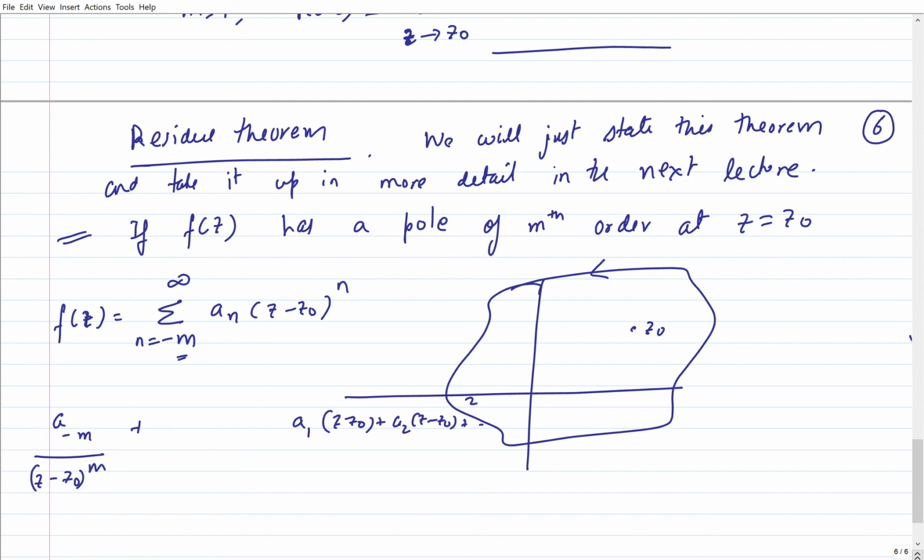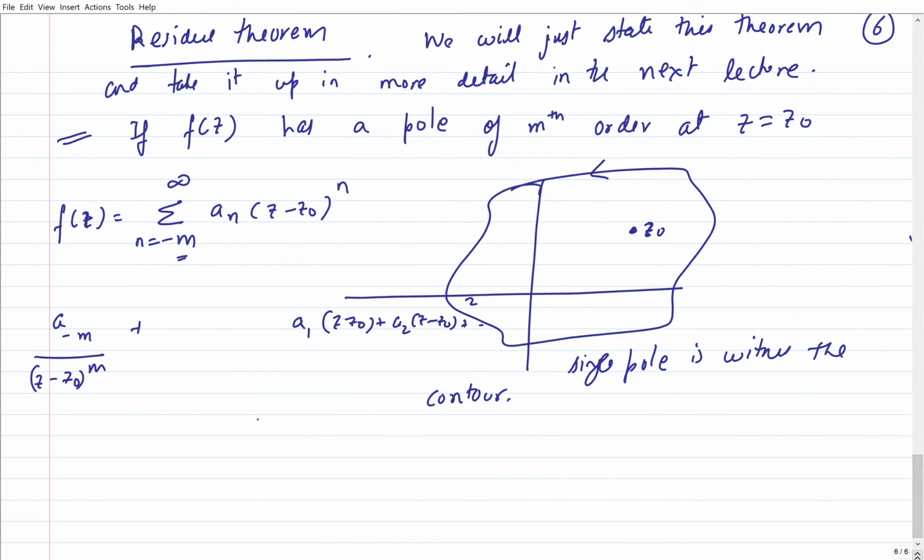So I am doing a contour integration where I have a single pole of order m, and that single pole is within the contour. Consider the integral I equals the contour integral of f(z) dz.